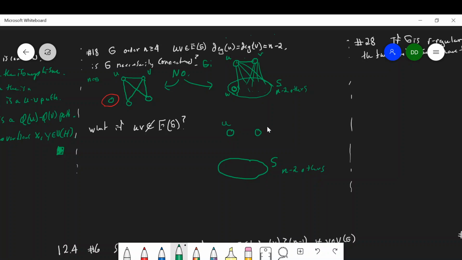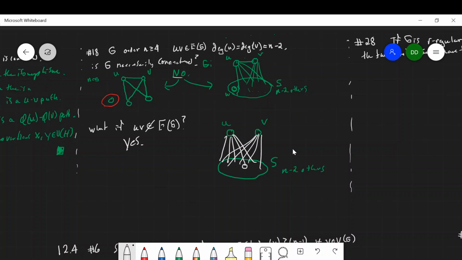Then since U and V are each degree n minus 2 and they're not adjacent, all of the edges must go down to every vertex in S, and every vertex in S from V. And so then this will clearly be connected. Between any 2 vertices, I can find some path just using U and using V. And clearly there's a UV path because I can jump down there and jump up to V. So that's the idea here: yes, this will imply it's connected, but no if they are adjacent.